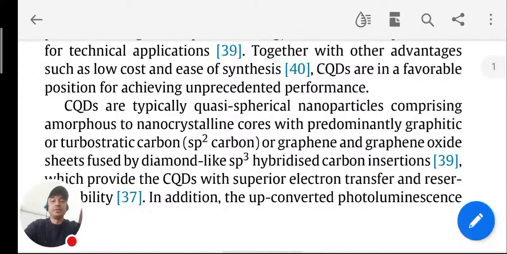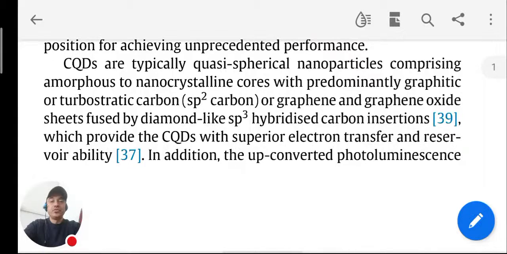Carbon quantum dots are typically quasi-spherical nanoparticles comprising an amorphous or non-crystalline core with predominantly graphitic or turbostratic sp2 carbon and graphene oxide sheets fused by diamond-like sp3 hybridized carbon insertions, which provide carbon quantum dots with a superior electron transfer and reservoir ability.